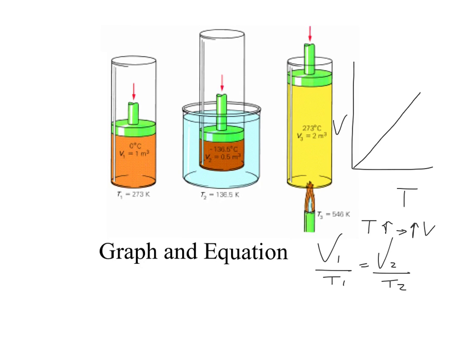V1, V2. And this is assuming that we are at constant pressure. All 3 chambers, anyway, are in the same area.